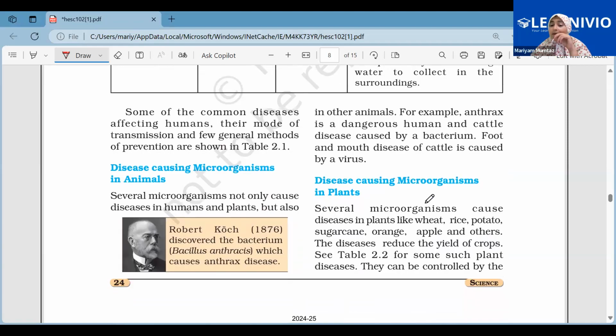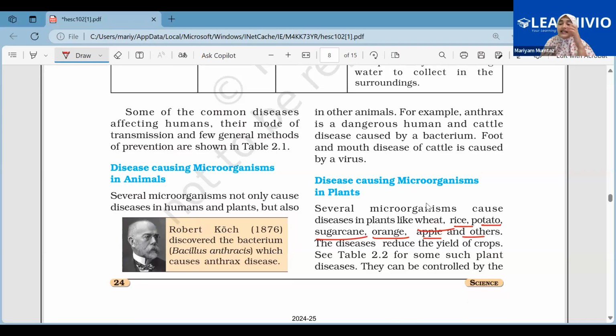Now, disease causing microorganisms in the case of plants. Several microorganisms cause diseases in plants. Which plants? Wheat, rice, potato, sugarcane, orange, apple, and so many more. These diseases reduce the yield of crops.